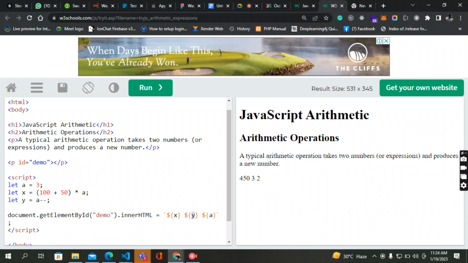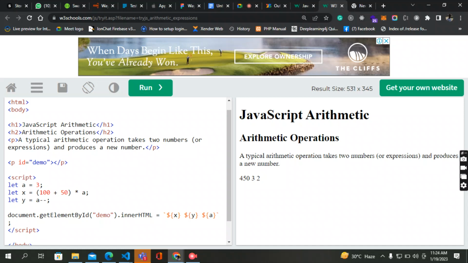Now look at it. This is y. Y is what? 3. This value, which is 3. And look at A, it has become 2. Do you understand now?